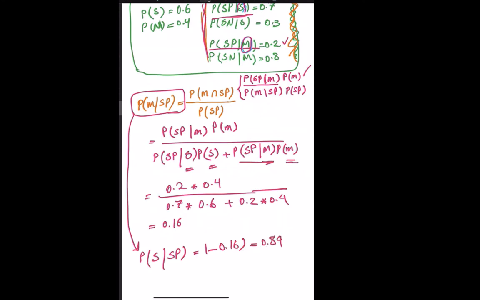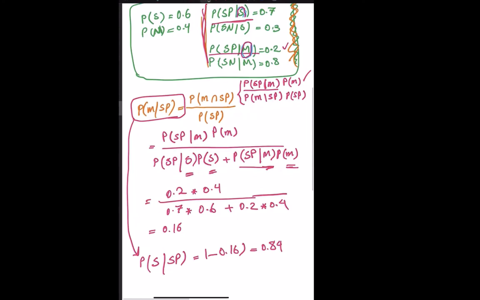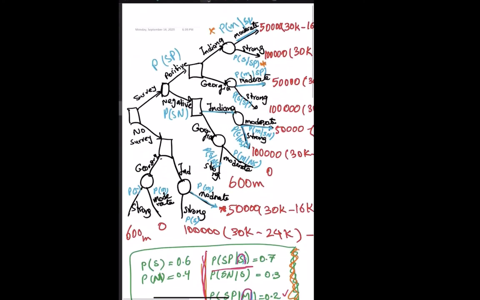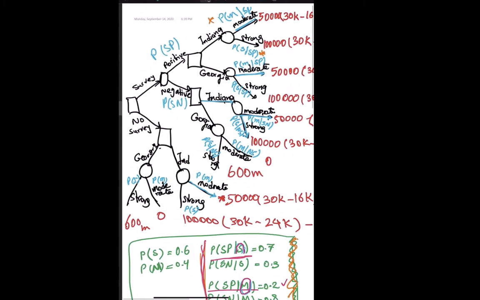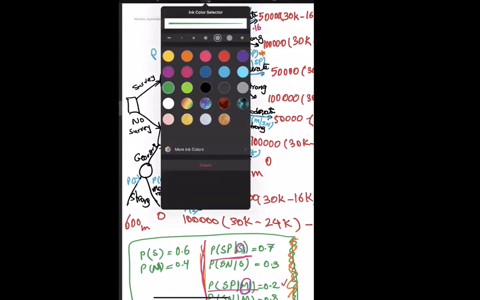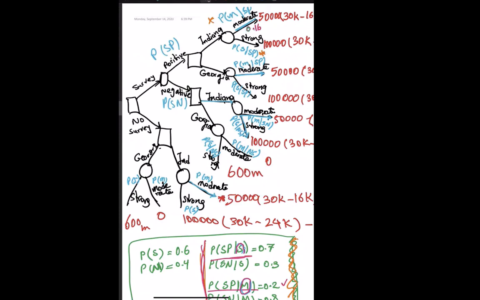So now let's go back to the decision tree and see where we have these probabilities. So here in this branch, I have 0.16, and here I have, let me write this with green, 0.84.